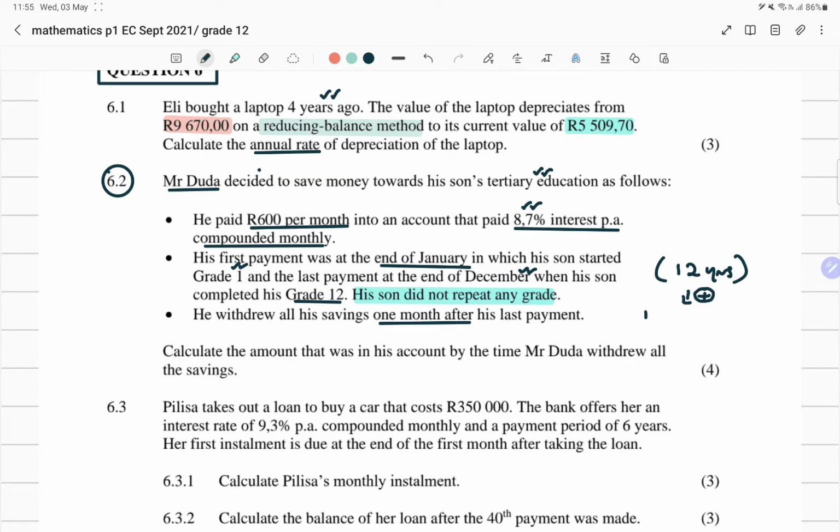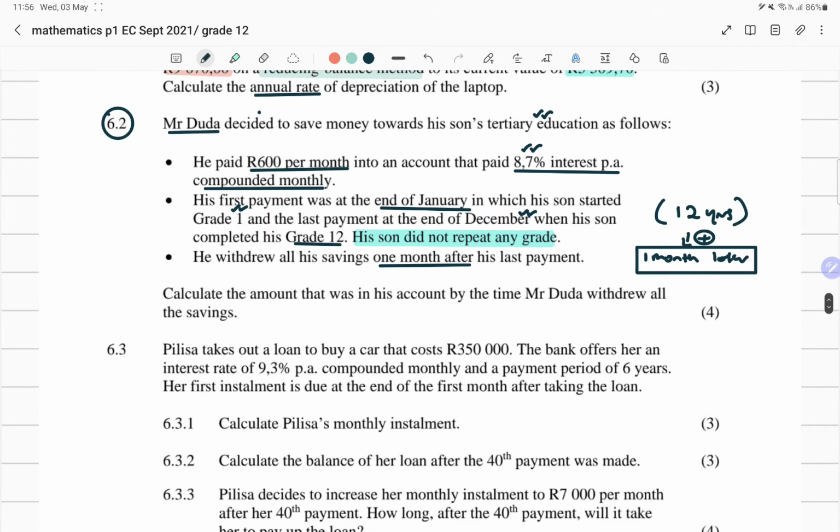He's going to add a month to this. 1 month later, he gets it all, okay? So remember that. That is the most important. So please read, and read. Make sure the English is clear, because if the English is not understood, you will die a slow death, okay? So I don't want you to die.